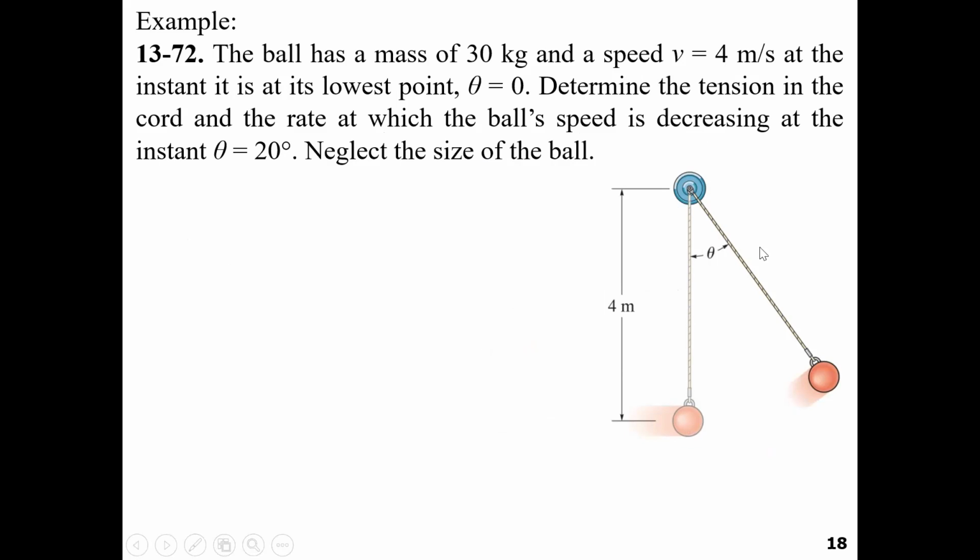So technically, if this is theta, theta 0 means this vertical position. Right here, the ball has a speed of 4 meters per second and moves freely. Of course, freely means there's gravity, there's a tension here and stuff like that. We want to see when theta is 20, how much is the tension in the cord.